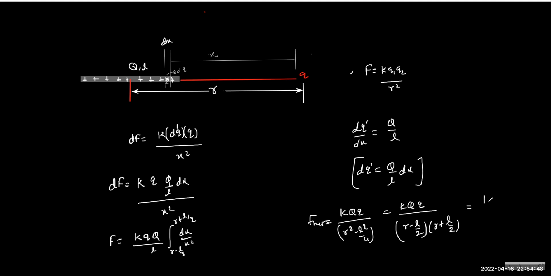And the way to remember this formula is very simple: the minimum distance from the point charge q and the maximum distance from the point charge q to the rod. So the nearest point is R minus L by 2, the farthest point is R plus L by 2, and this is a nice way to remember the answer.